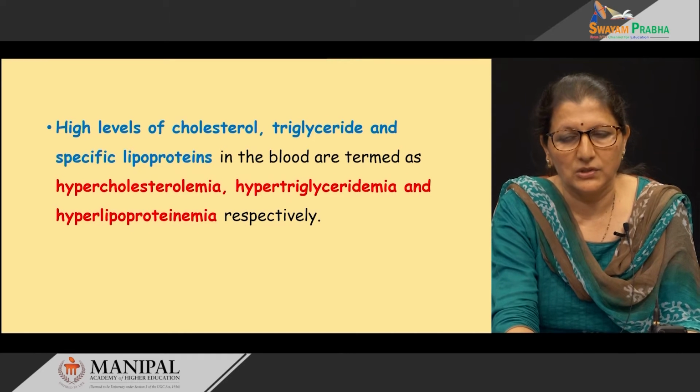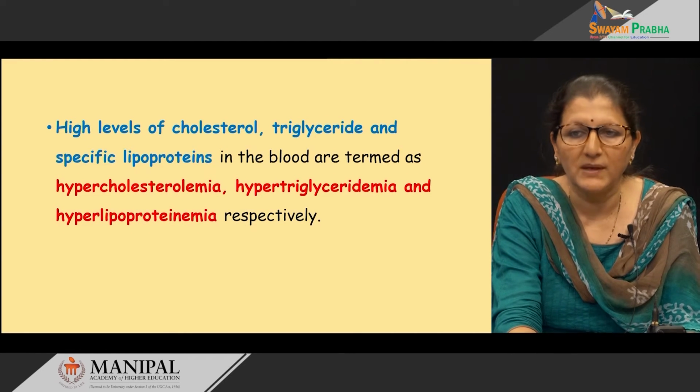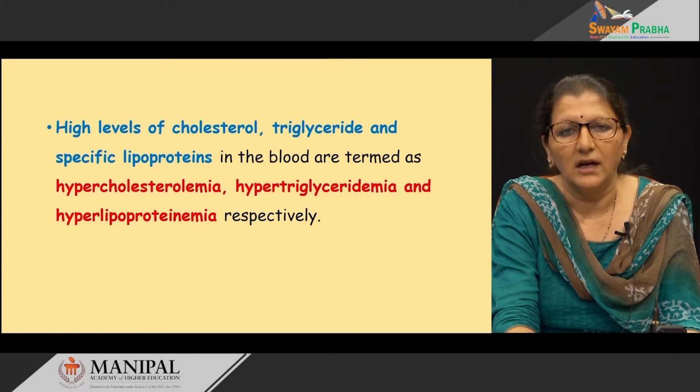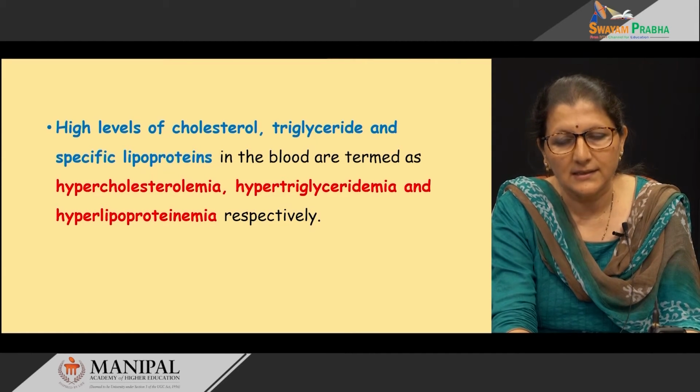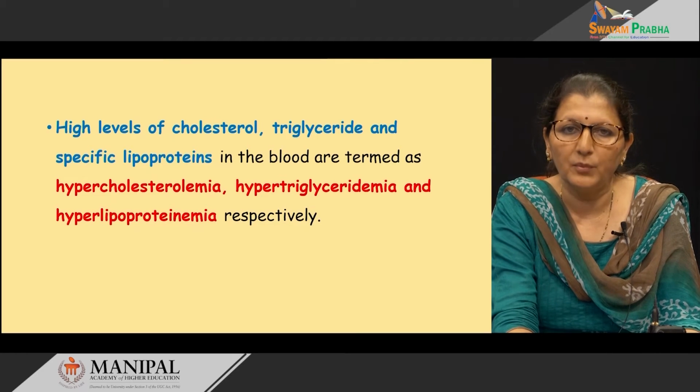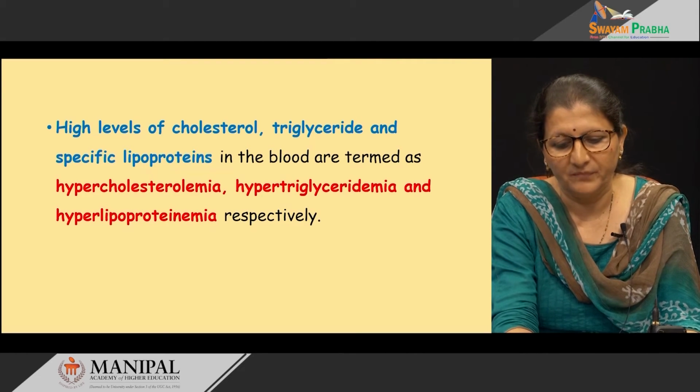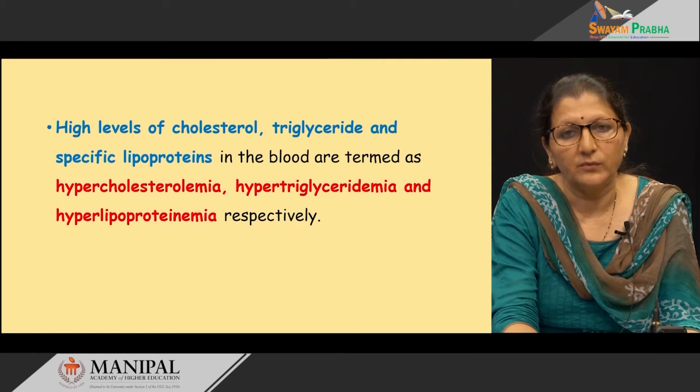High levels of cholesterol, triglyceride and specific lipoproteins in the blood are termed hypercholesterolemia, hypertriglyceridemia and hyperlipoproteinemia respectively. What do they cause?